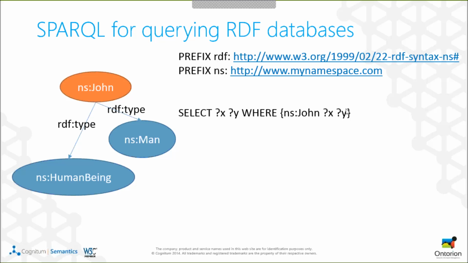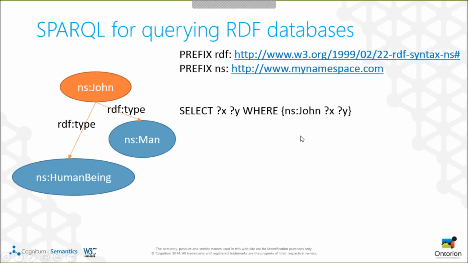So if a graph database is well implemented, it will very quickly find this node, because it will have somewhere some index that tells it where this node is, and then it will start from this node, because you tell it that this is the place where to start, and it will follow the links.